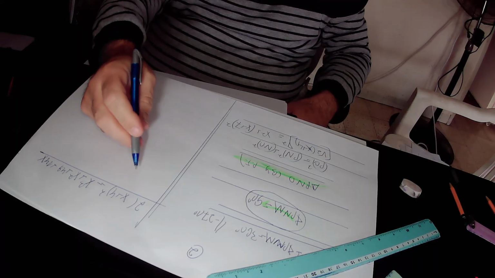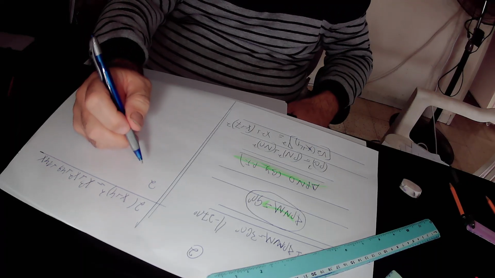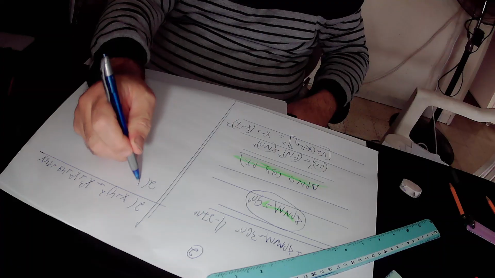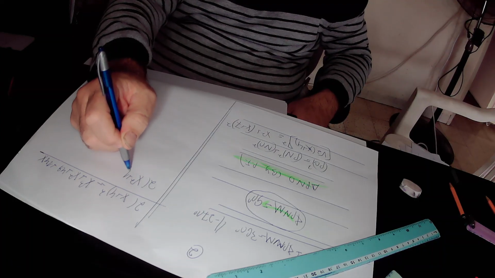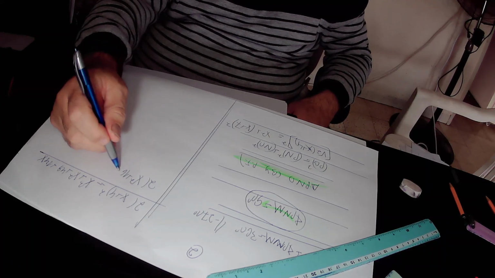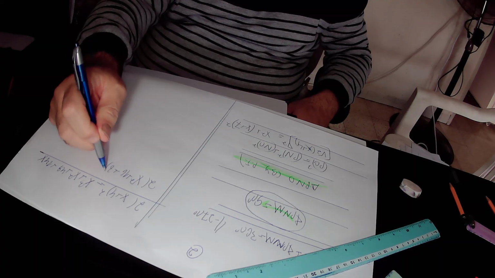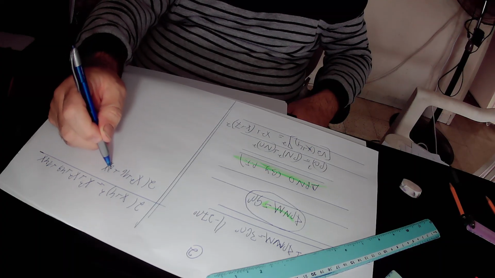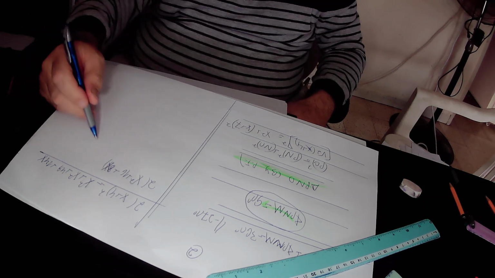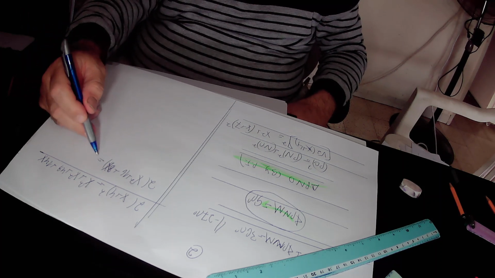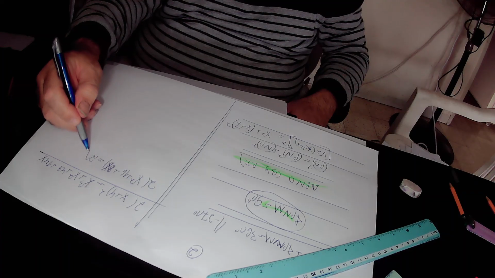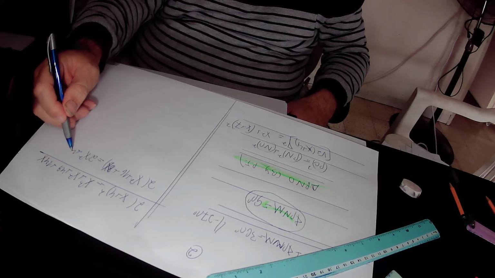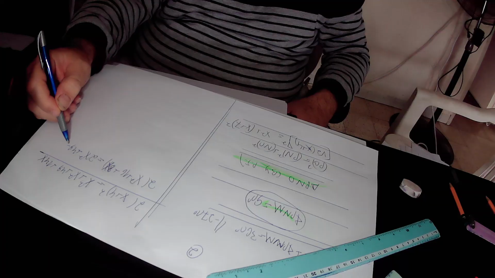On this side we have 2 times (x plus 4) squared. (x plus 4) squared equals x squared plus 4 squared, that is 16, plus 2 times x times 4, that is 8x. On the other side, we have x squared plus x squared, that is 2x squared, plus 49, plus 14x.